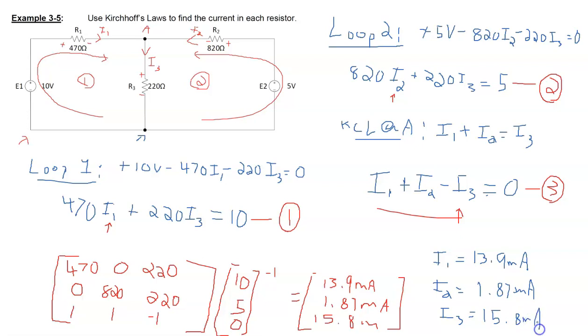And to verify that that sum comes out correct, put your numbers in this equation 3 here, and that works out pretty close. It might be a rounding error. You can go back now and check these two loop equations as well, because of course these currents here should satisfy equations 1, 2, and 3.